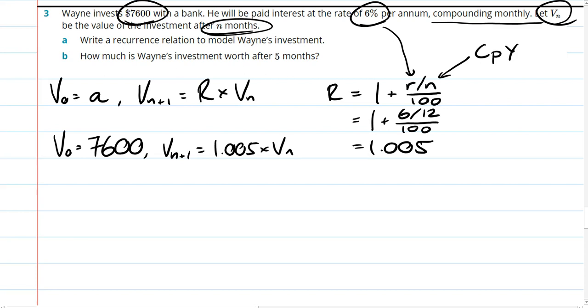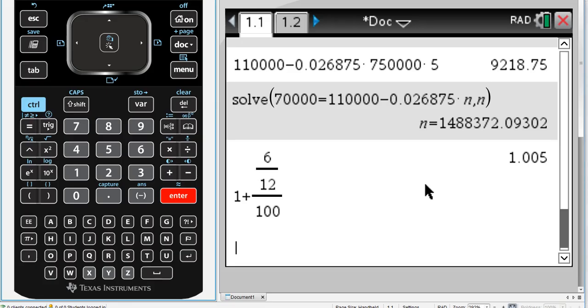So if we want to work out how much Wayne's investment is worth after 5 months, we can go to the calculator for that. We could go through each step, or we can put it in our graph mode.